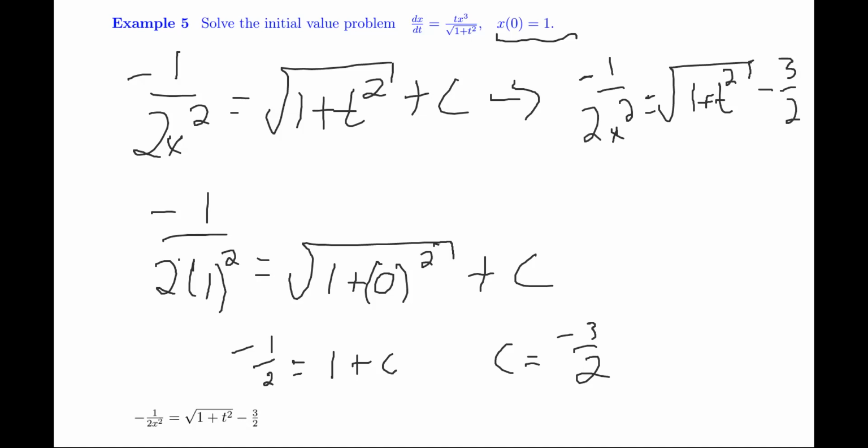And that is our solution to the initial value problem given here. And that also concludes our video on separable differential equations.